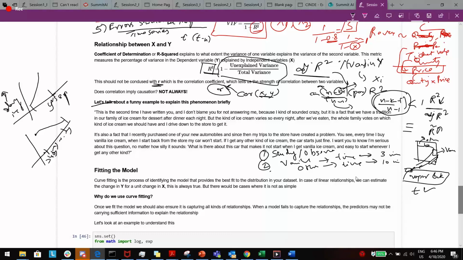So this is a classic example where correlation and causation should not be confused, and we should always say that correlation doesn't imply causation. That is the thing that should be ingrained in your heads. Any questions for this particular relationship determination?